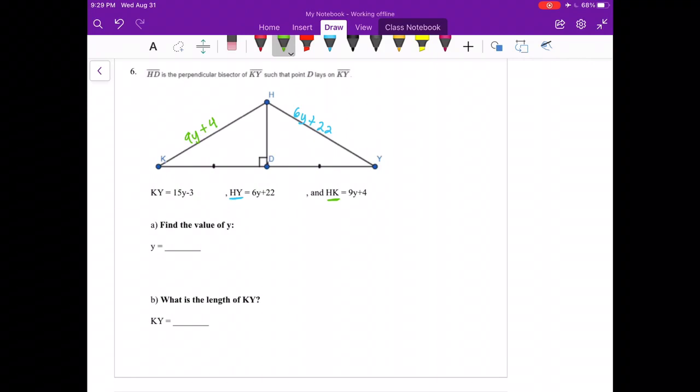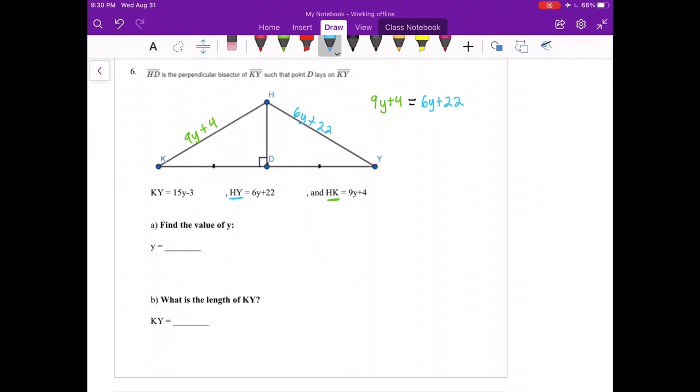If you look carefully, you'll notice that this diagram is one large triangle that's been split exactly in half. That means that the left-hand side must be equal to the right-hand side. So we're going to set up an equation that says 9y plus 4 is equal to 6y plus 22.